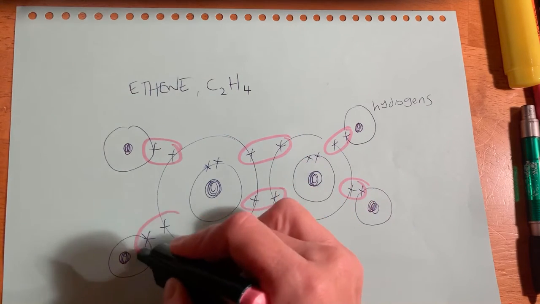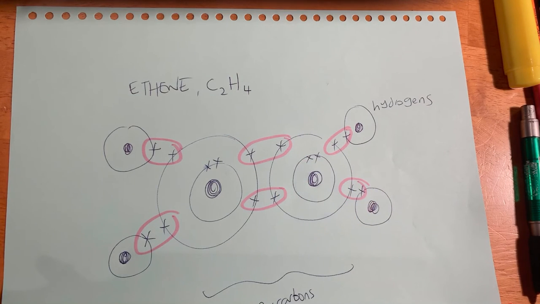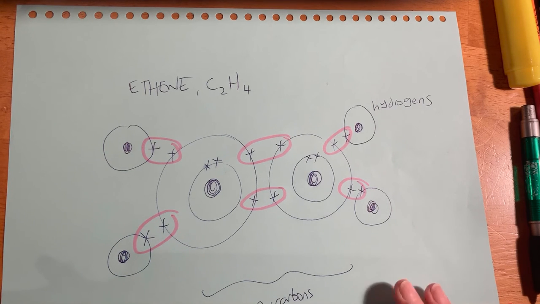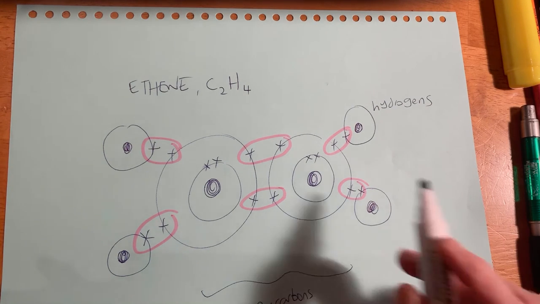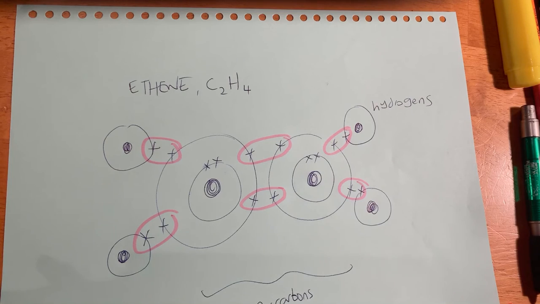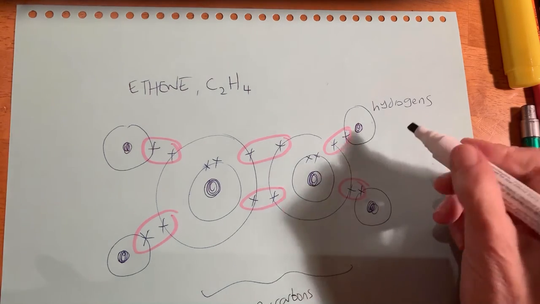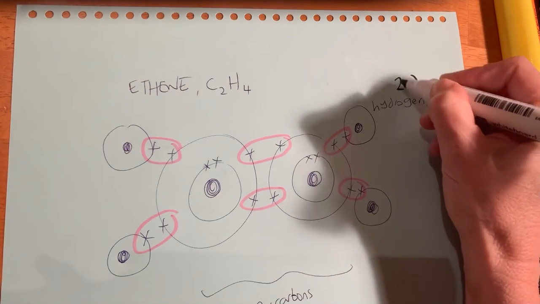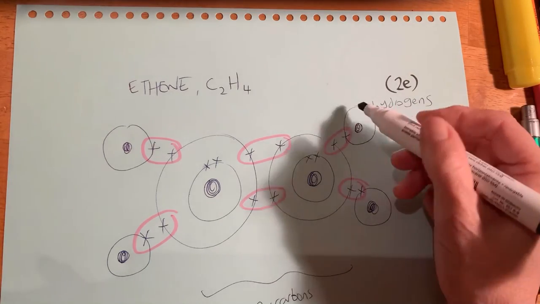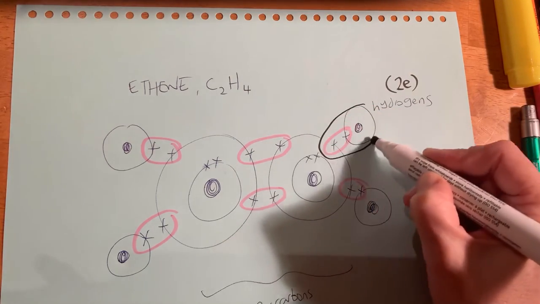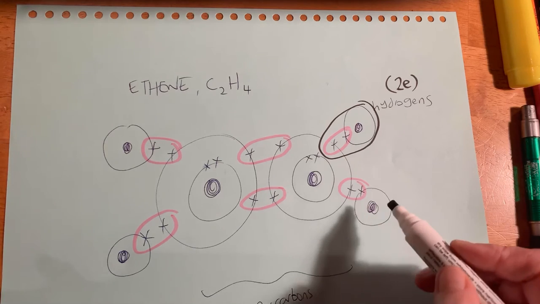And I'm going to try really hard this time to show you how all the shared electrons find a full outer shell. So hydrogen needs 2 electrons to get a full outer shell. So each one of these is the full outer shell for each of the hydrogens.